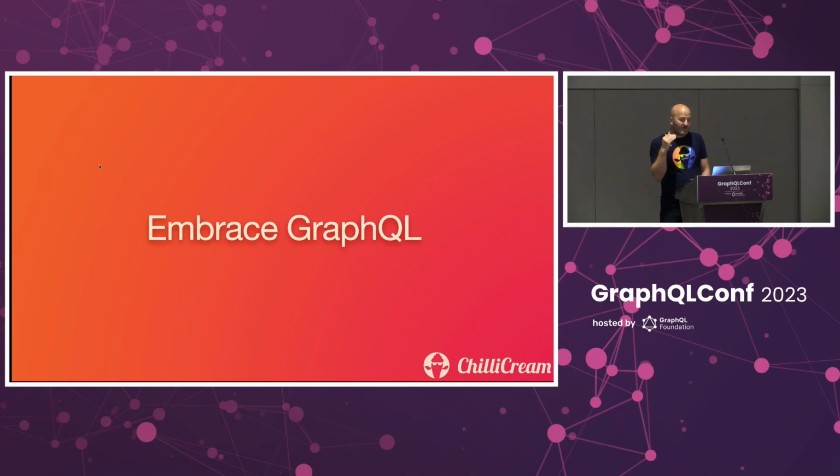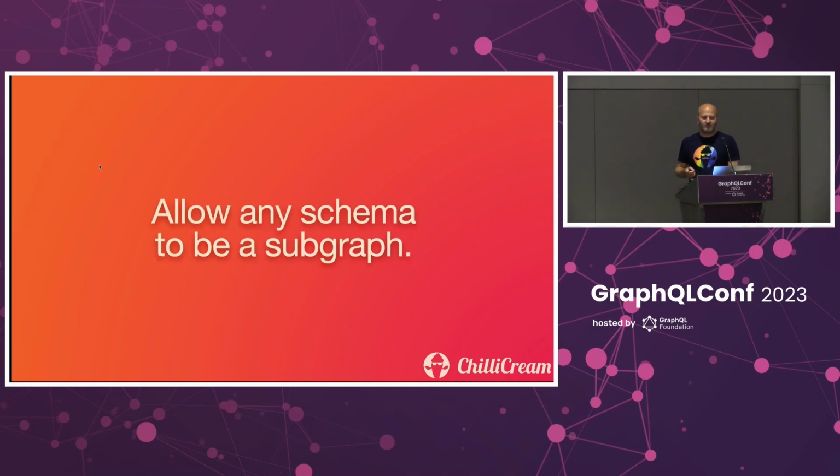One of the key things that we thought when we started on the spec was that we want to embrace GraphQL. That means that the capabilities of a subgraph should not be limited by a subgraph protocol. It should be up to the GraphQL spec level of a subgraph. And we also want to allow any schema to be a subgraph.